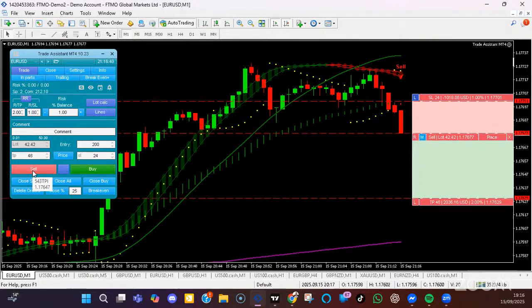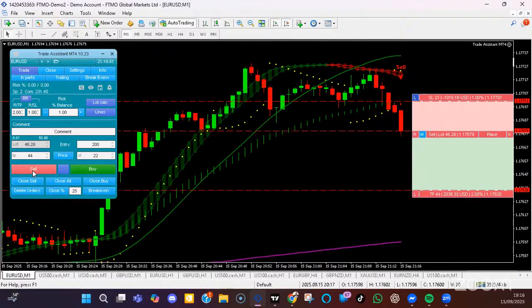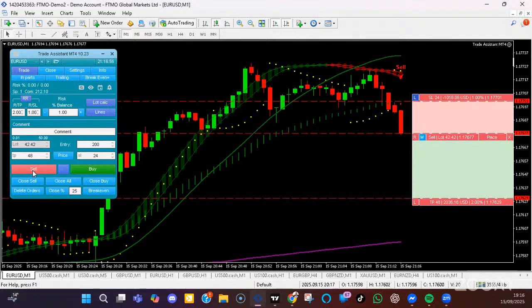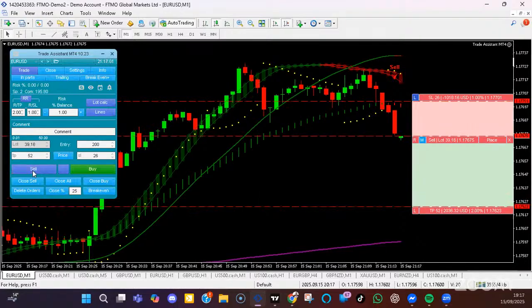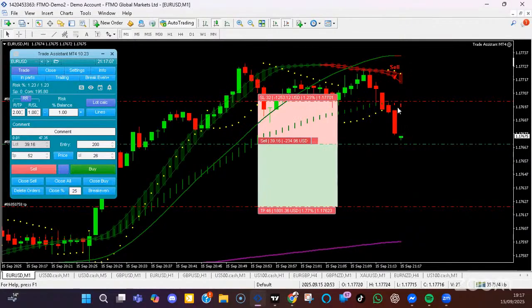We might have two trades actually going up. Good enough for me. I'm going to go with that. There we go. The trend line's turned red. Stop loss where the green wave meets the red wave.